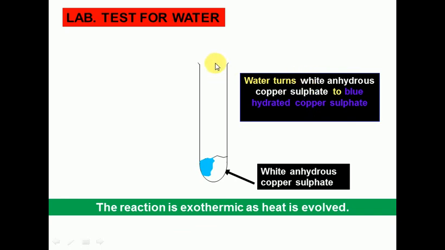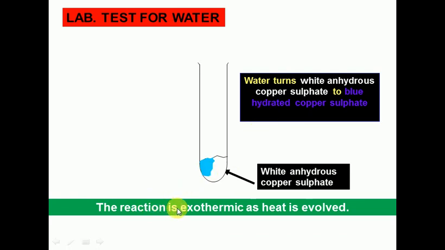To perform this test, we take a pinch of white anhydrous copper sulfate at the bottom of test tube, and we add the droplets of the liquid to be tested as water. If it is water, then white anhydrous copper sulfate turns blue as it gets hydrated.